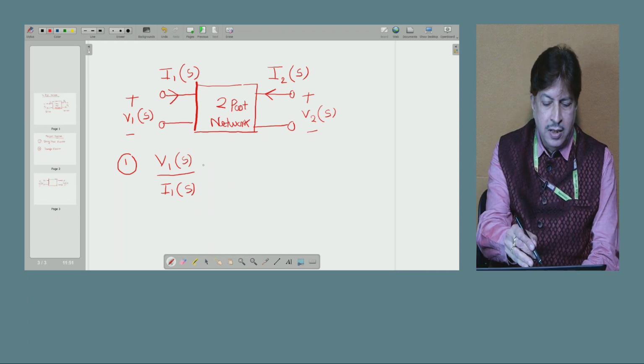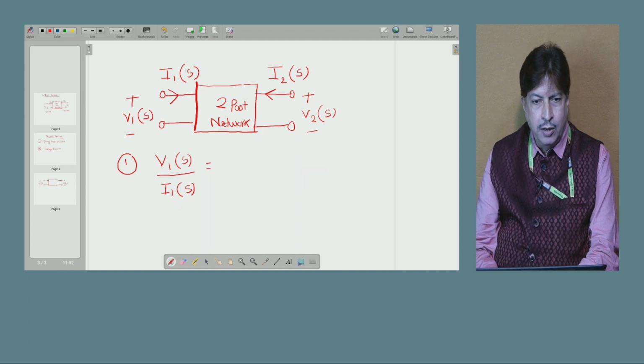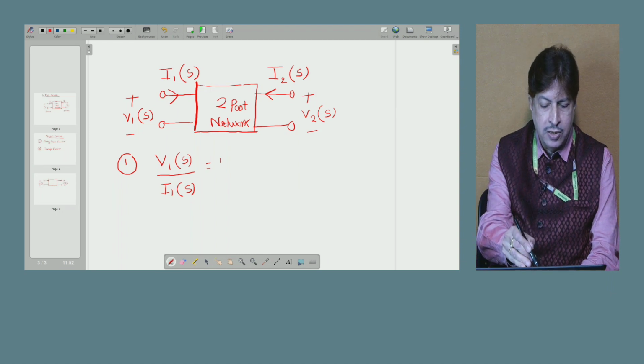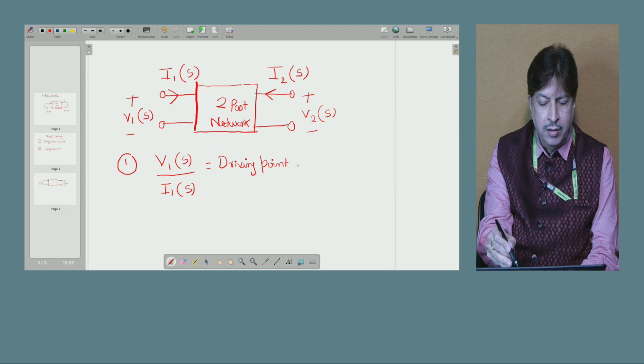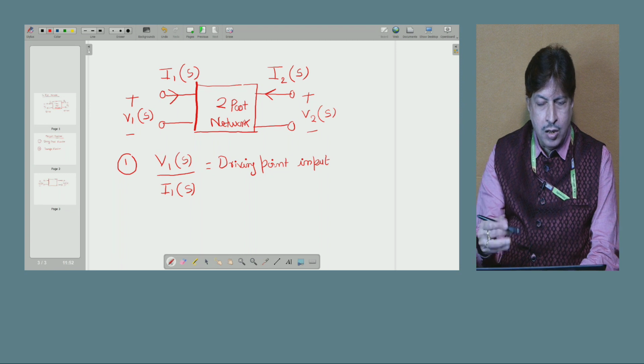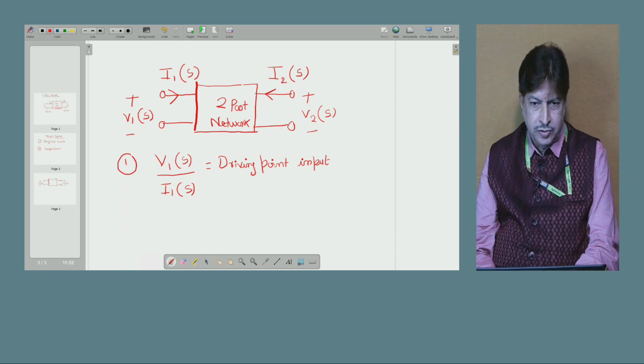Hence, the appropriate name we give to this network function is driving point input, or input port.